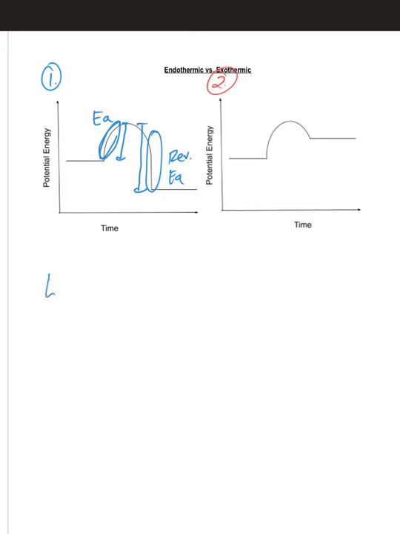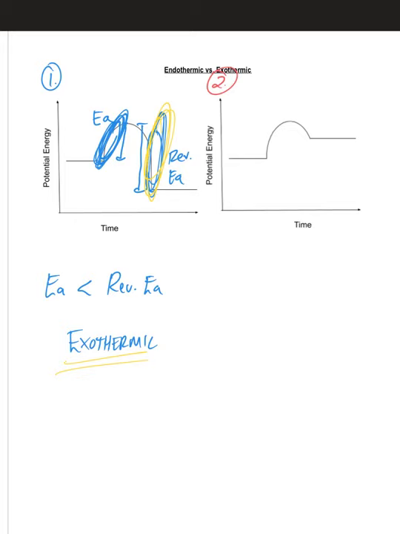Well, if the activation energy, how much energy is needed to break the bonds of the reactants, is less than the reverse activation energy, how much energy is needed to break the bonds of the products, then it is going to be an exothermic reaction. And you can think of it as, this is how much energy is absorbed, this is how much energy is released. Well, more energy is released, therefore it's an exothermic reaction.